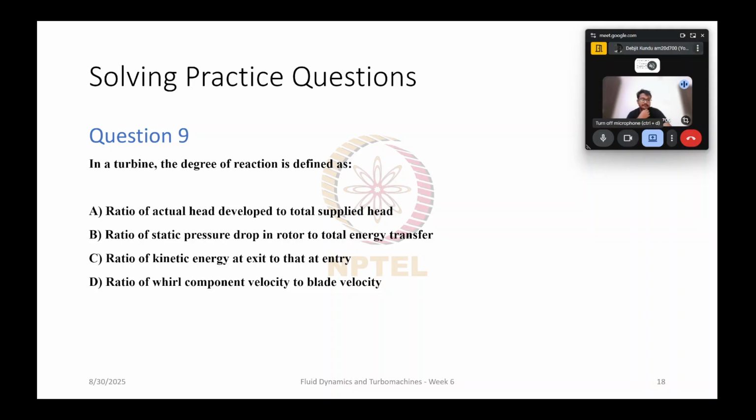So basically, the degree of reaction is related to the change in pressure across the turbo machinery. There are basically two kinds of devices, depending on their principle of operation.